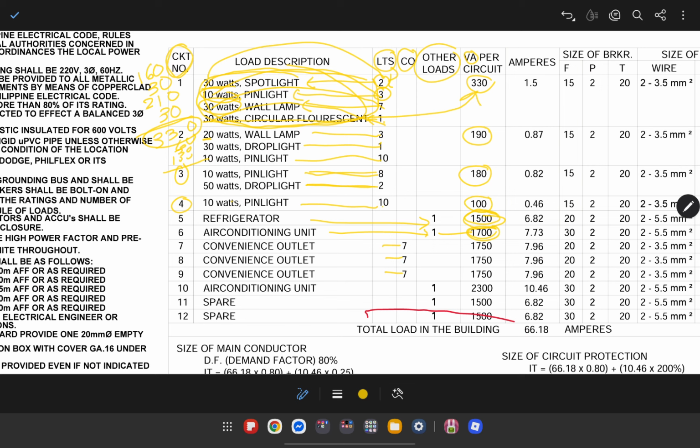This is as per request of the electrical engineer who designed it. It was requested that I only provide 7 outlets for each circuit for purposes of safety. So there are 21 outlets all around the house.